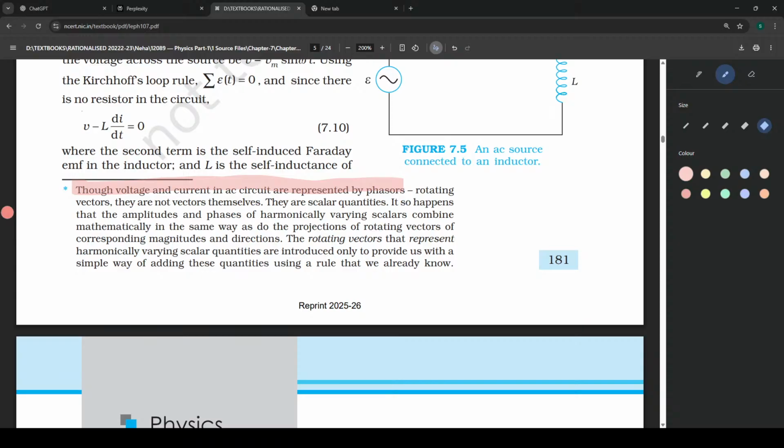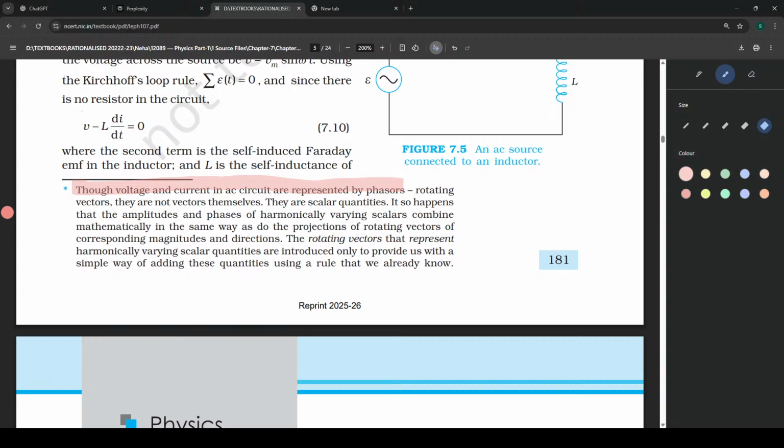Okay, how can we represent them, like potential and current, as vectors? We saw that phasor is a rotating vector. It's a vector somehow. So we already know from previous chapter that current and potential are not vectors. They're completely scalar quantities. But now we are representing them with vectors.